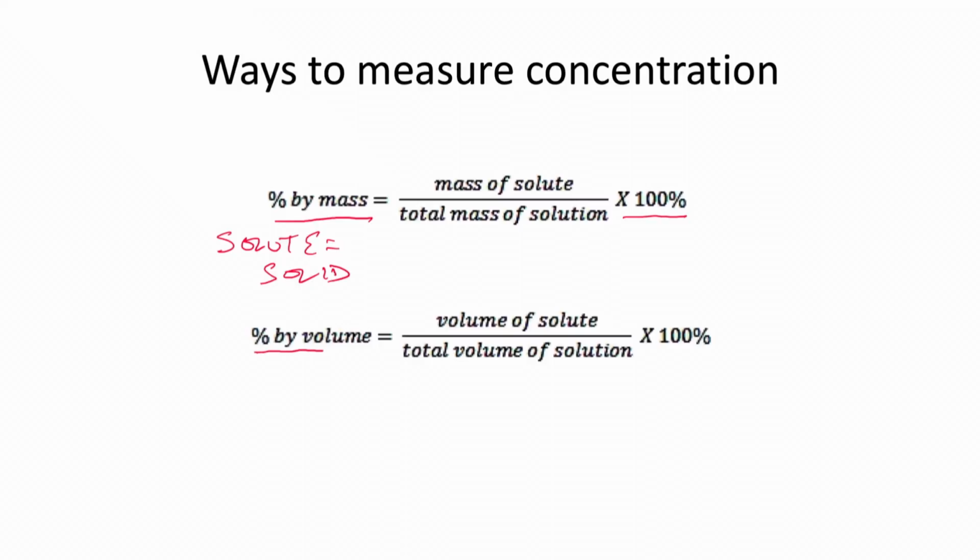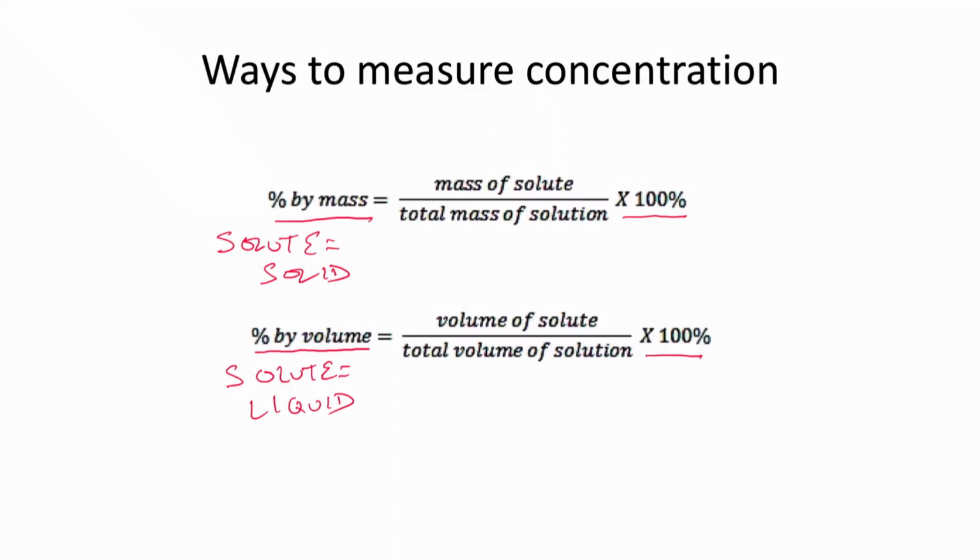Something similar, percent by volume, is used if the solute is a liquid. We're going to take the volume of the solute and divide by the total volume of the solution, and then again multiply by 100% to get a percentage.